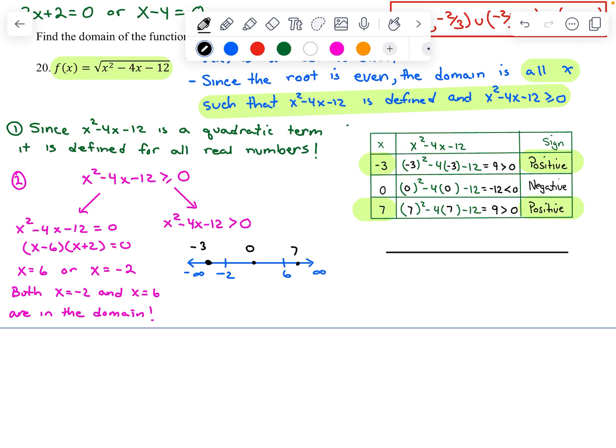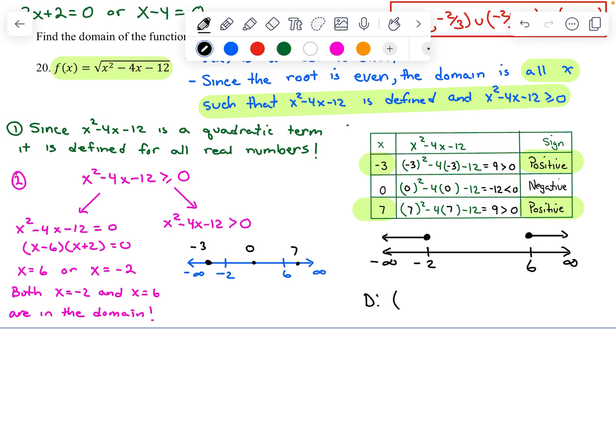So if we want to make the domain in interval notation, we're going to create the number line again. And we've already stated that negative 2 and 6 are in the domain, so I'm going to put some closed circles there. And we're going to go to the left of negative 2, and we're going to the right of positive 6.